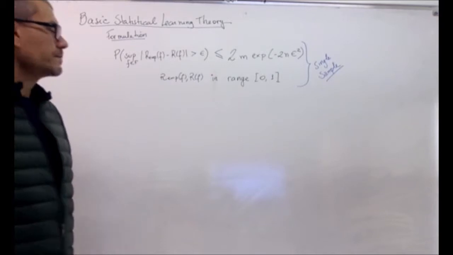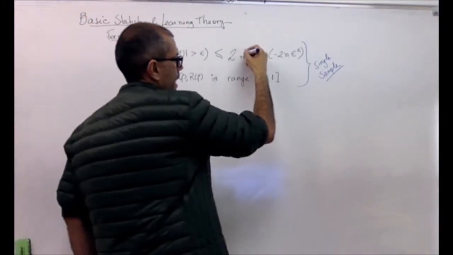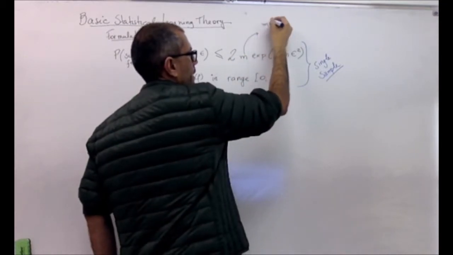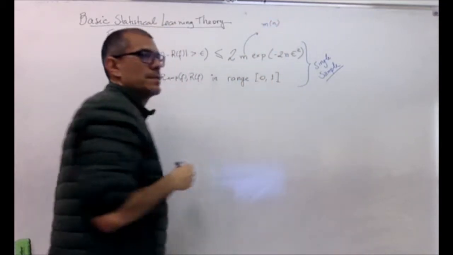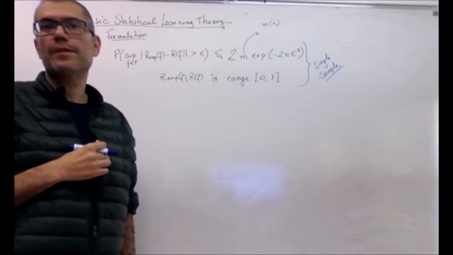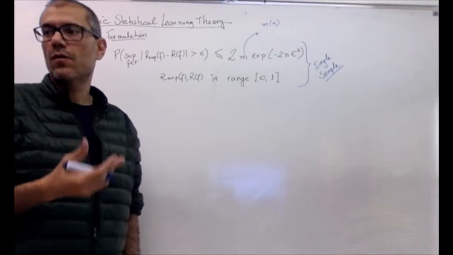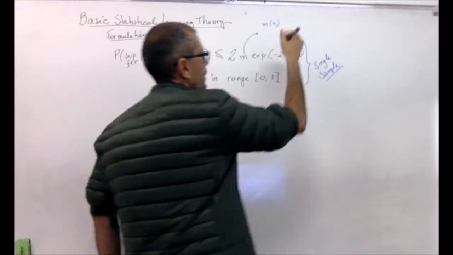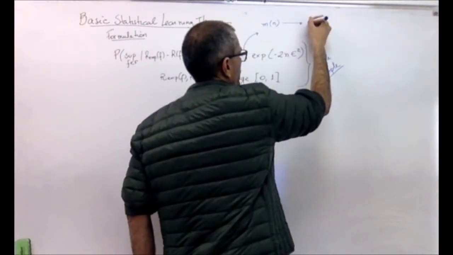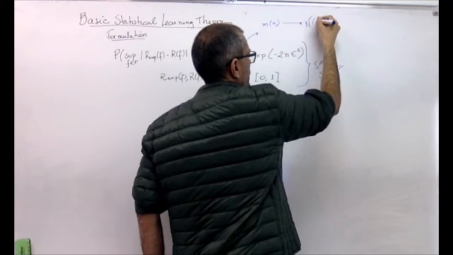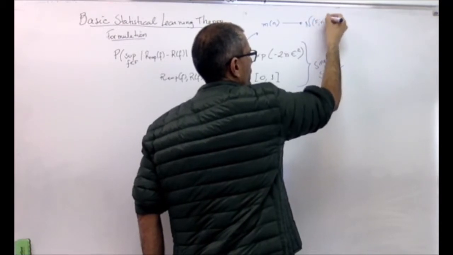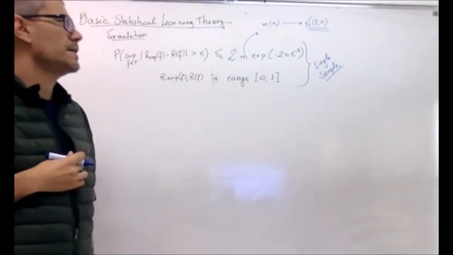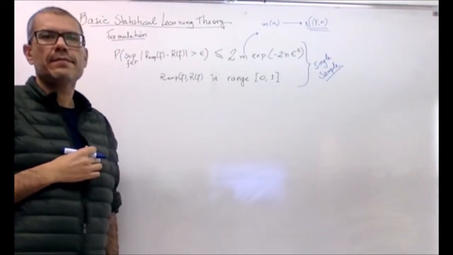And instead of using this m, we could use something like m of n, because this is the scattering coefficient. It's a function that grows according to the sample size. But Vapnik usually, or not just Vapnik, but some papers usually refer to this function as n of F_n.